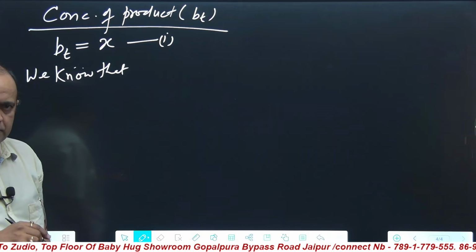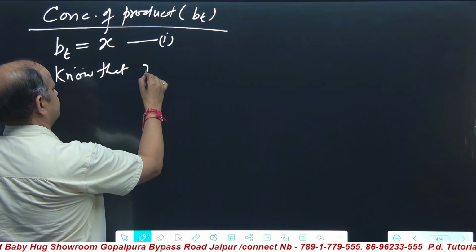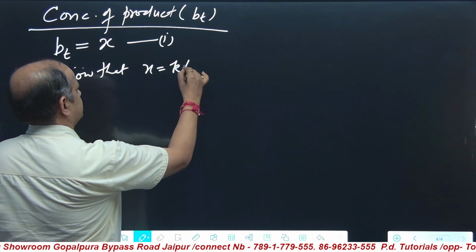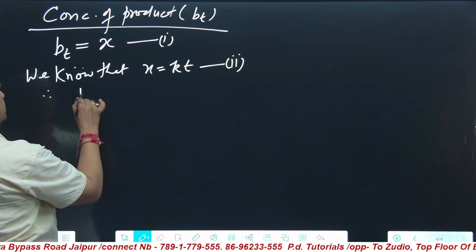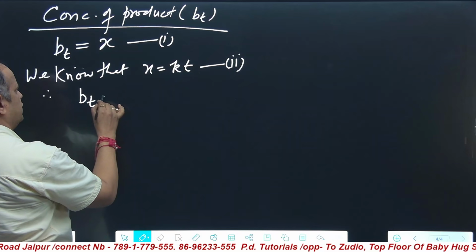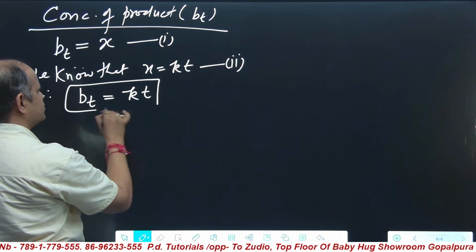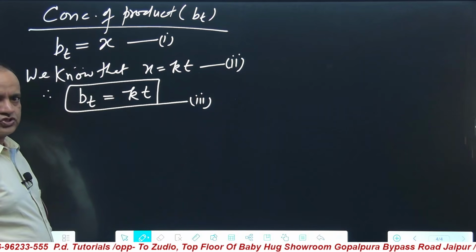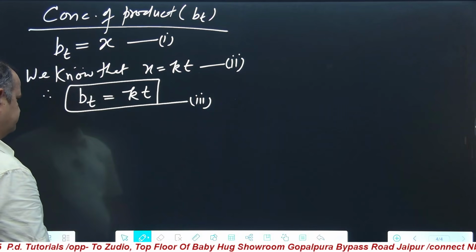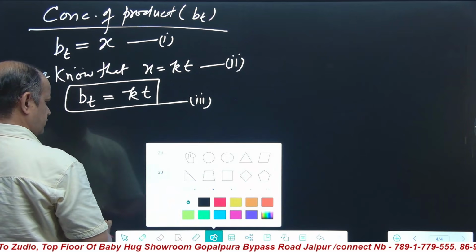It's x equal to kt. Therefore, Bt equals kt. This is again a straight line equation, starting from the origin.